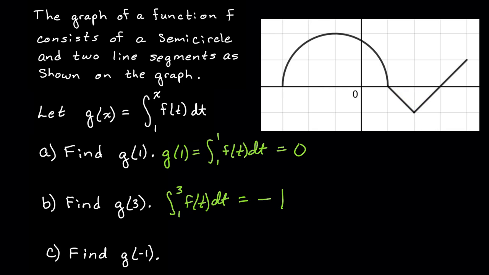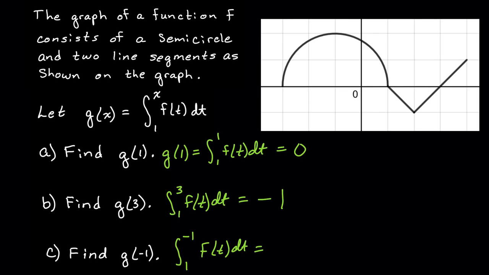All right, so let's look at the next one then. The g of -1 would equal the integral from positive 1 to -1 of f of t dt. Now when we do integrals, we want the lower limit to be the smaller value.